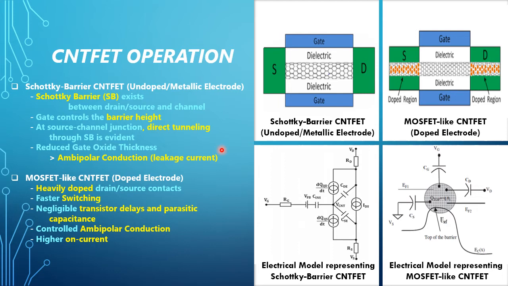Firstly, the drain and source contacts are heavily doped. Faster switching is possible. Then transistor delays and parasitic capacitances are quite negligible. The ambipolar conduction is controlled in this domain, and the higher on current is evident.